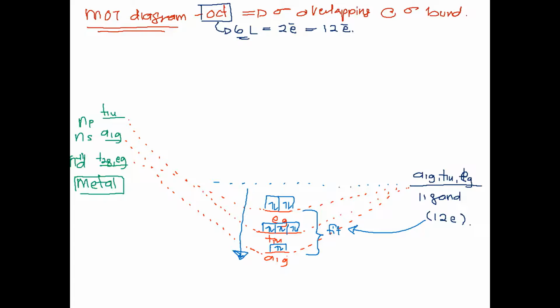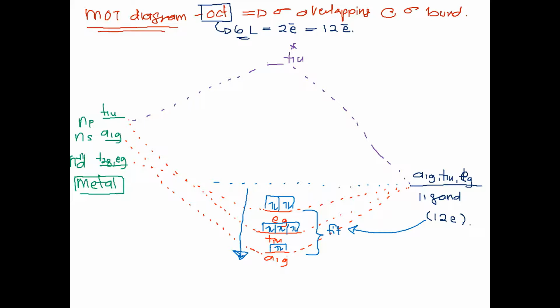And then you will have the star block. So you will have T1U star. This one corresponds from the metal as well as the ligand.